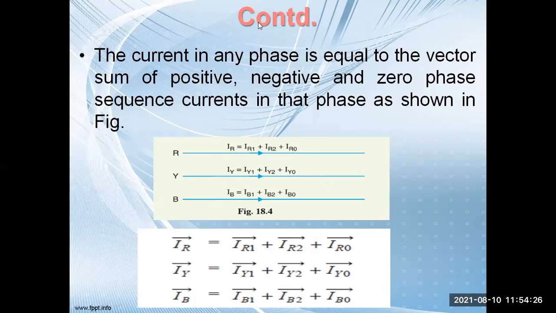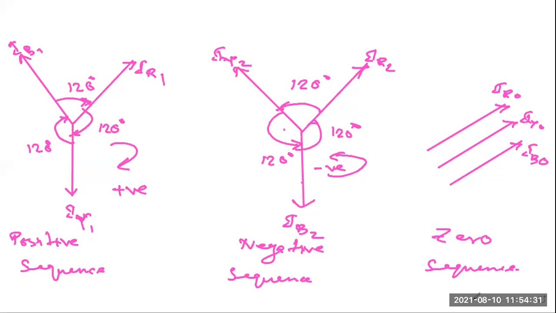Here we will understand it by writing it out. IR equals this IR1 plus this IR2 plus this IR0. We need to understand that these three components are added to calculate the phase current, that is the R phase current.